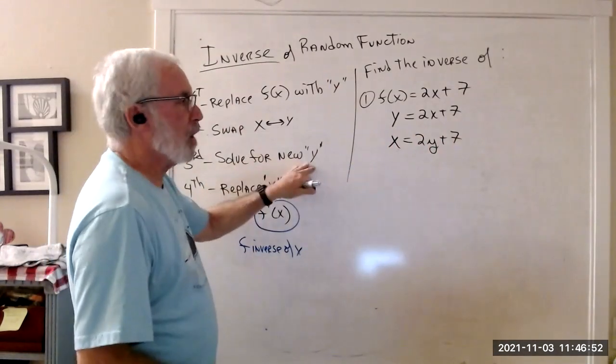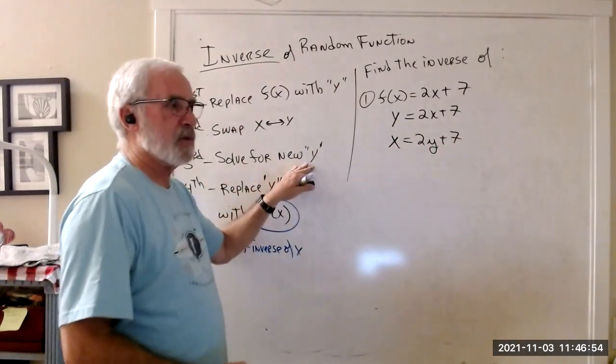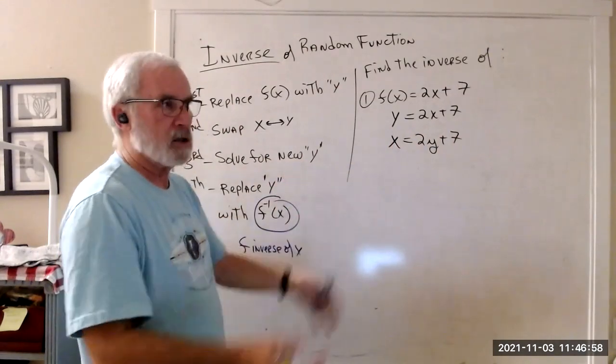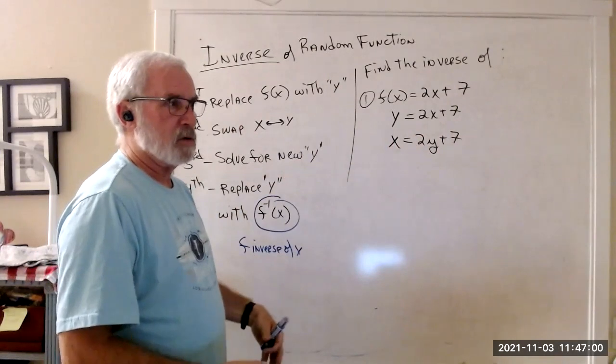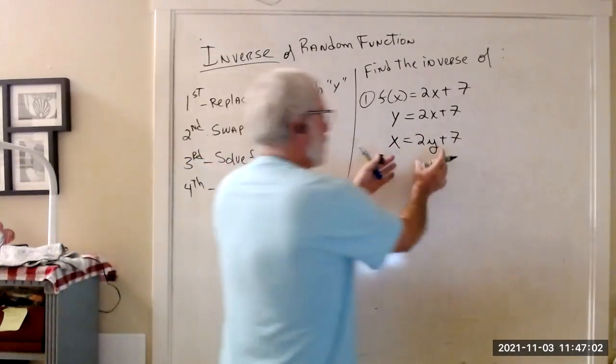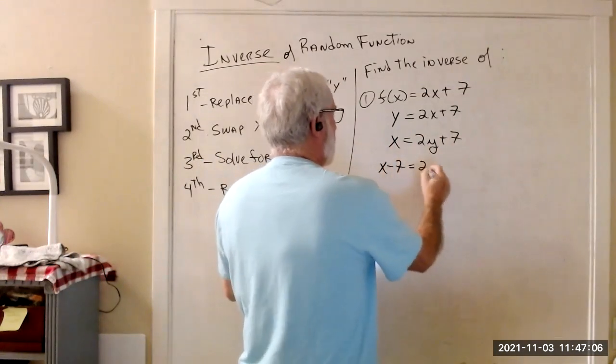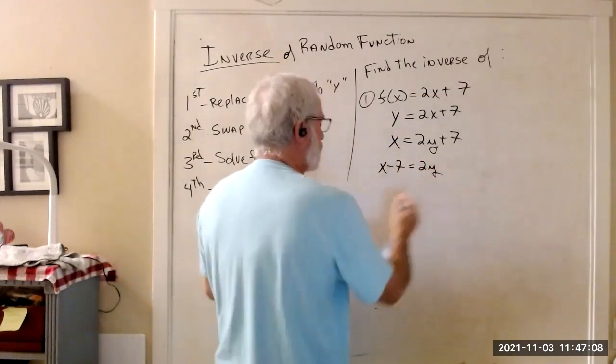Solve for the new y. Remember, that's a phrasing we use in algebra. Solve for y means get y alone. Okay, so how do I get y alone? Well, we subtract 7. Then we divide by 2.